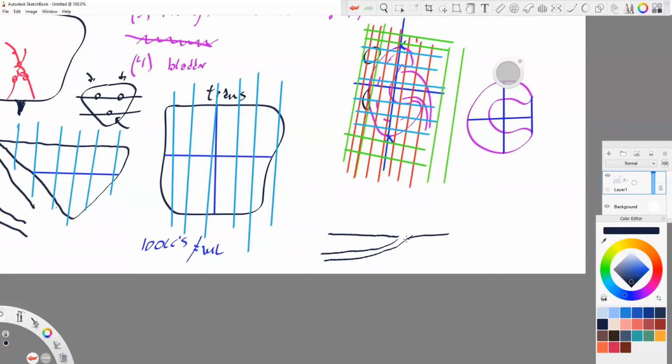Let's see, and these kind of continue through the wall, of course. And then so what we don't want, we want one direction of flow. We want urine to flow from the kidneys into the bladder.